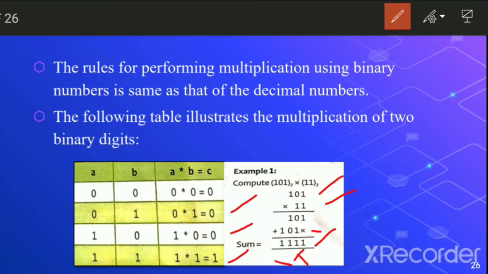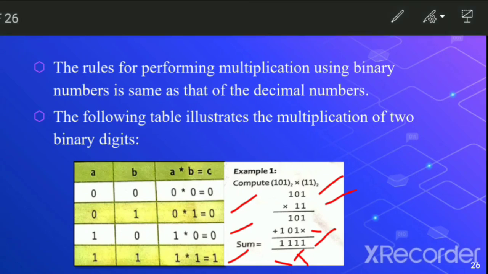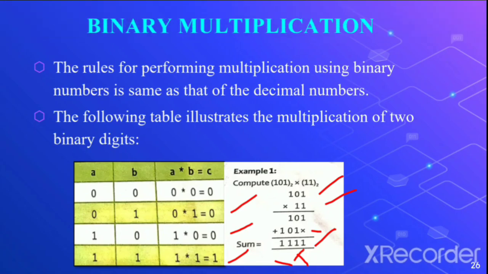So it is quite simple. This is how we perform binary multiplication. For performing these operations, we just need to remember the rules, that when we multiply one digit by the other, what do we get. So this was all.